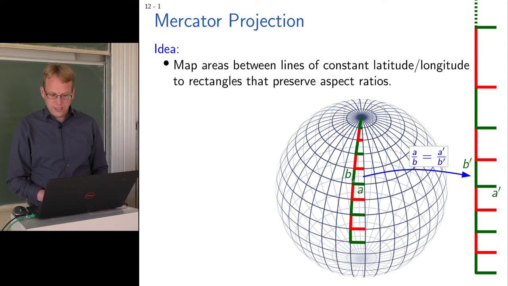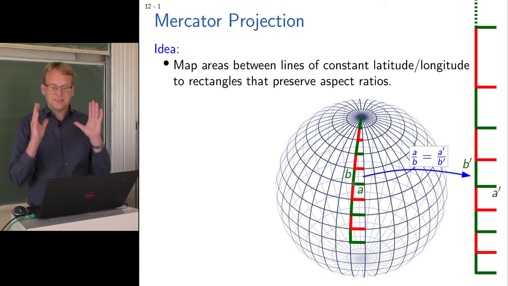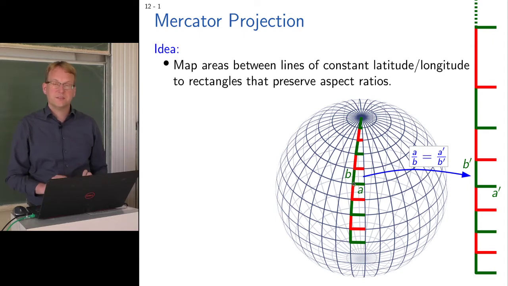But here we have a rather skinny surface element. B is greater than A, and accordingly we have also B prime greater than A prime. So what we do here is that we preserve this aspect ratio: A by B is equal to A prime by B prime.